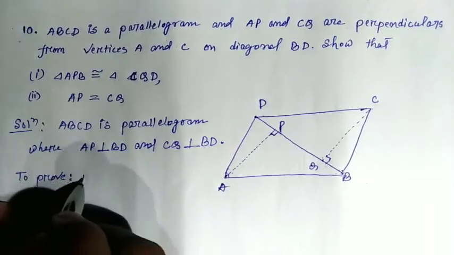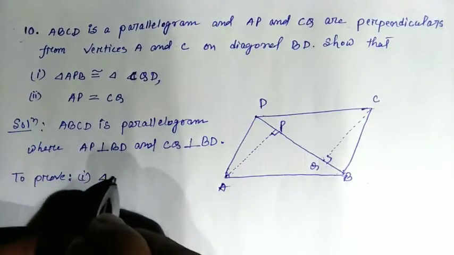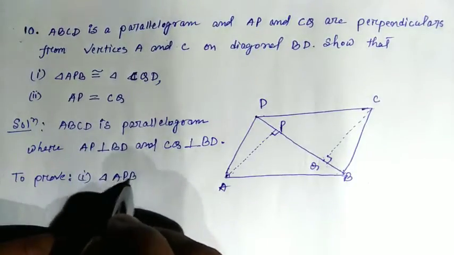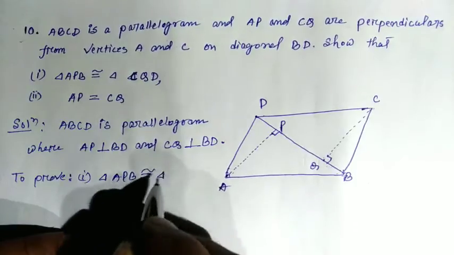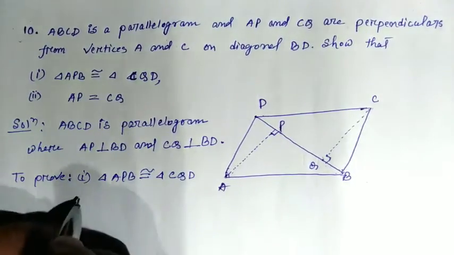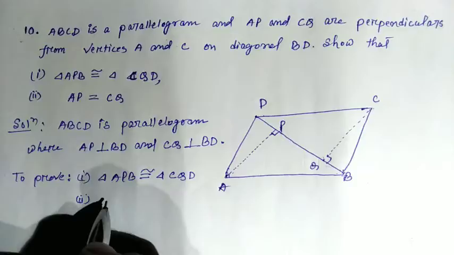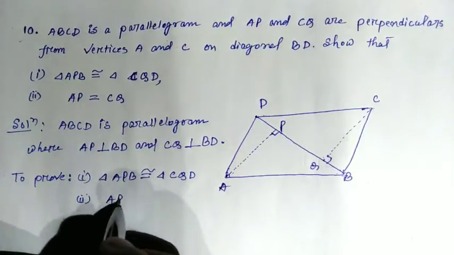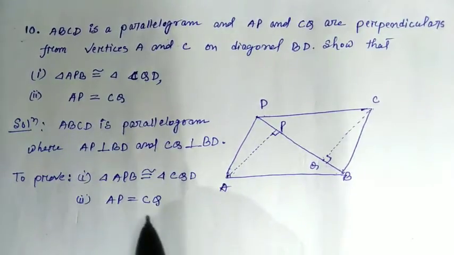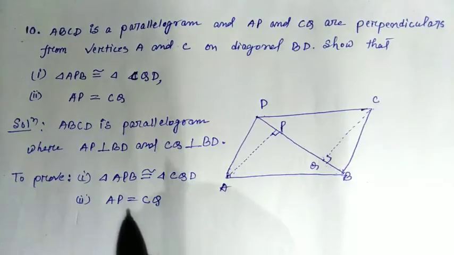To prove: 1. Triangle APB is congruent to triangle CQD. 2. AP is equal to CQ. These two we have to prove.